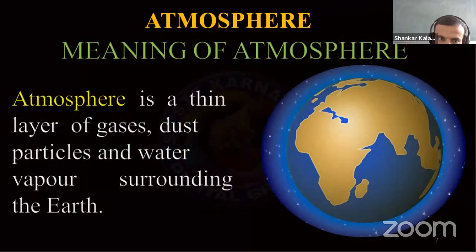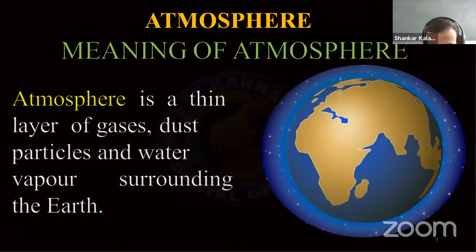Meaning of atmosphere. Atmosphere is a thin layer of gases, dust particles, and water vapor surrounding the earth. In this picture, you can closely observe that. This is the earth's surface, and the area you can see around the earth is the layer of atmosphere, which is nearly 1,000 kilometers.